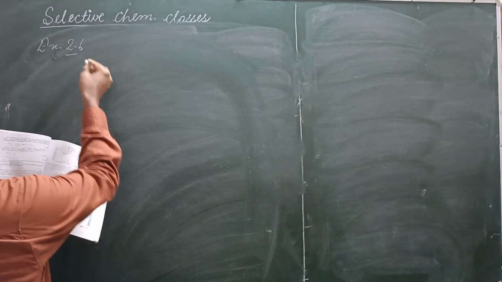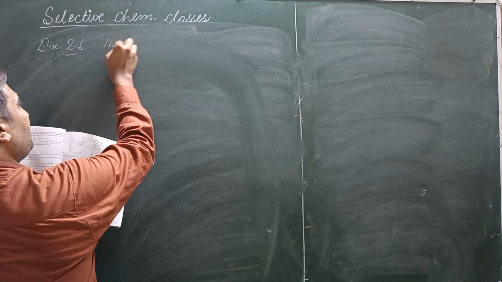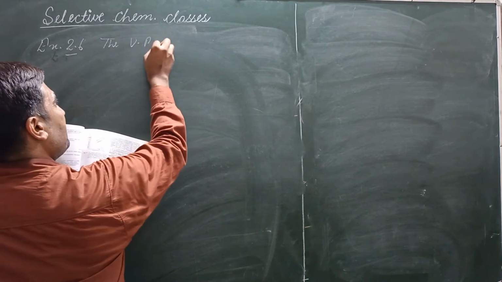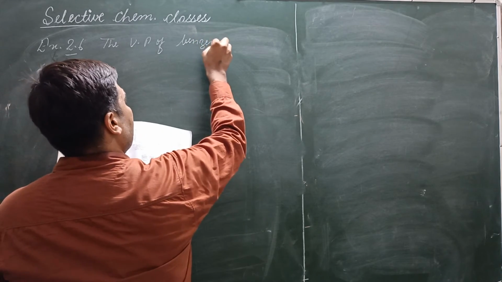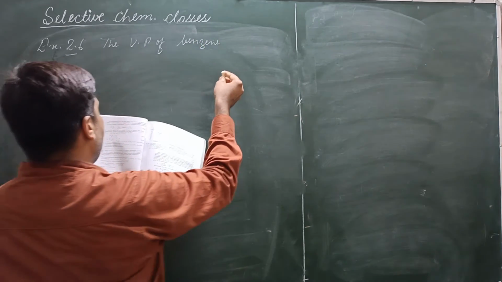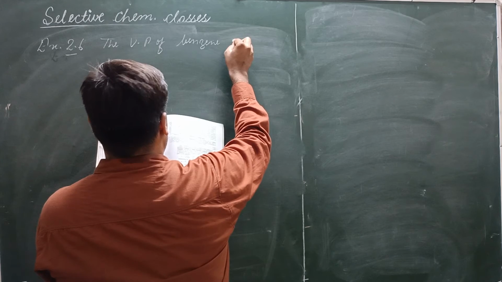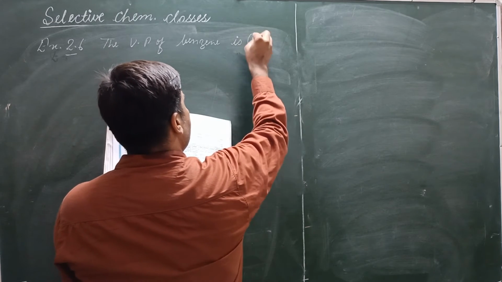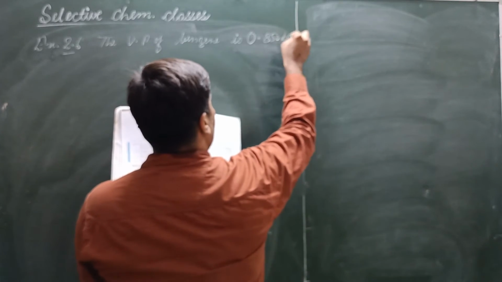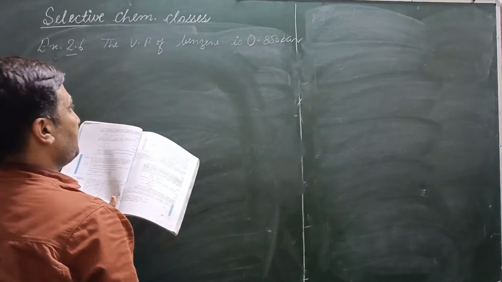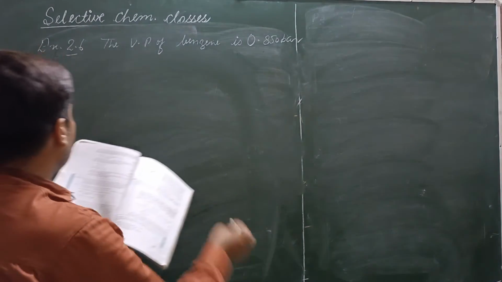The vapor pressure of benzene at a certain temperature is 0.850 bar. It is given. Bar is the unit of pressure.